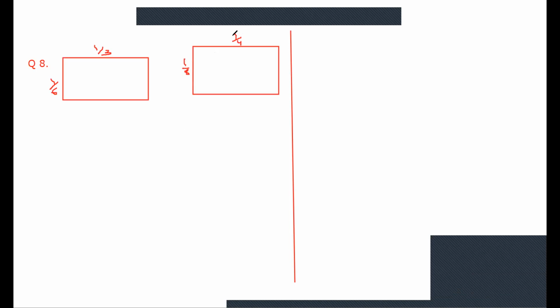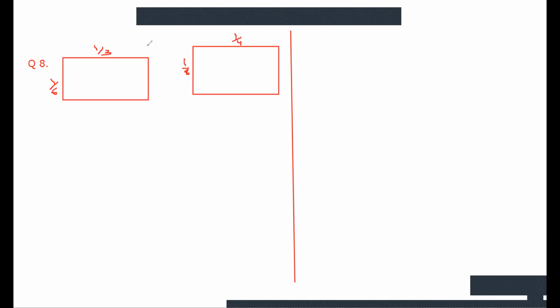Now, girls, when I want to see the proportionality, how will you see? You will divide. The length was 1 over 3, and the width was 1 over 6. This is the first stone, the imaginary stone. I will write this as model.